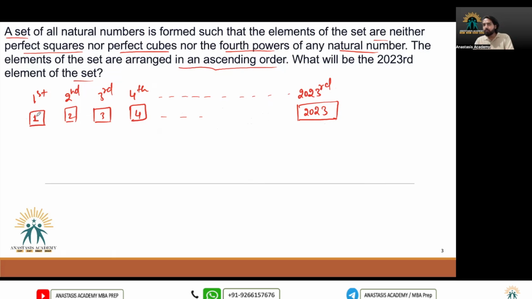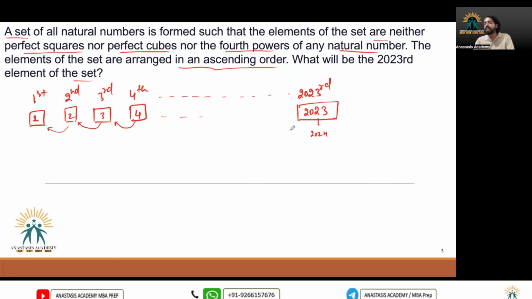If I delete 1 from this series, this box will be replaced by 2, and all the numbers will shift one unit leftwards. 2 will occupy the first position, 3 the second, 4 the third. So if I delete one number from this series, the value inside this box will increase by 1. It becomes 2024.